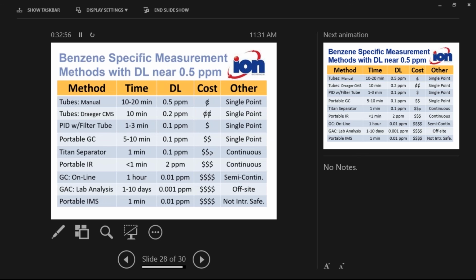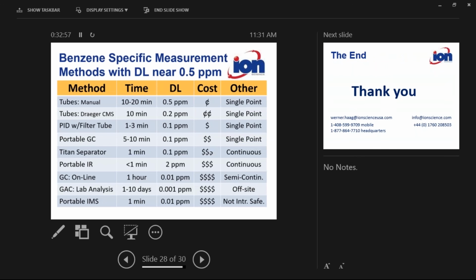Just to put these in perspective in terms of the overall options for measuring benzene, I've listed here benzene-specific measurements with a detection limit near half a ppm. So these are not straight PID or FID, but things that measure benzene specifically around this half a ppm detection limit, or where you need to be for hygiene measurements.